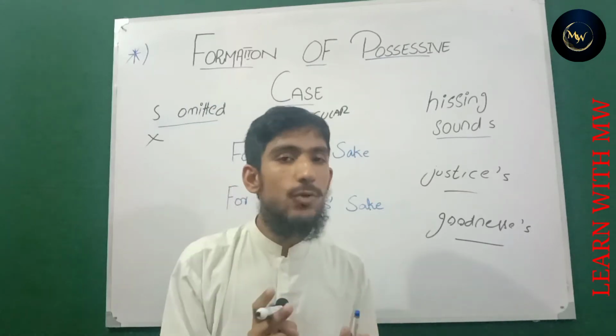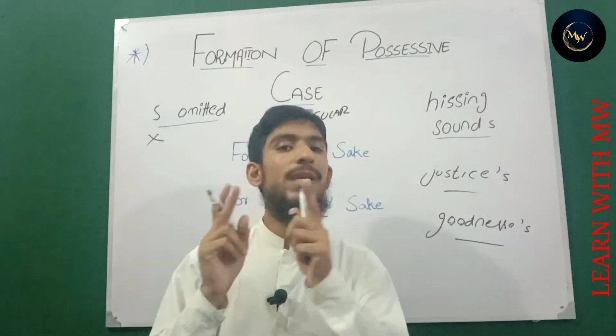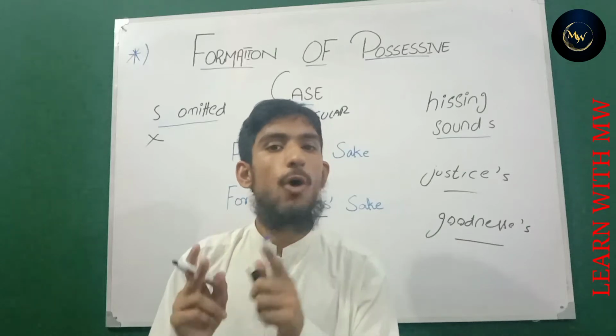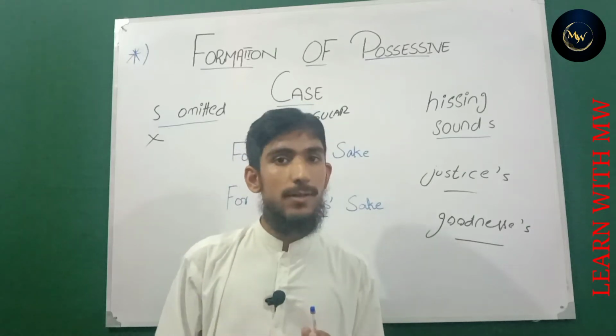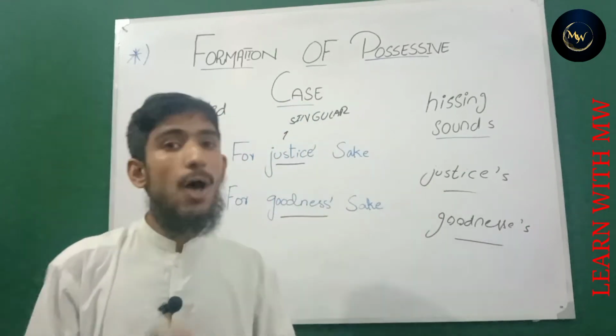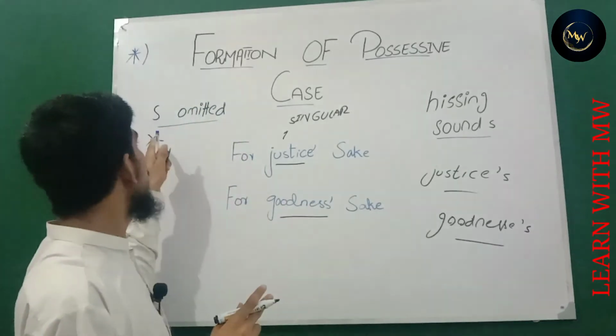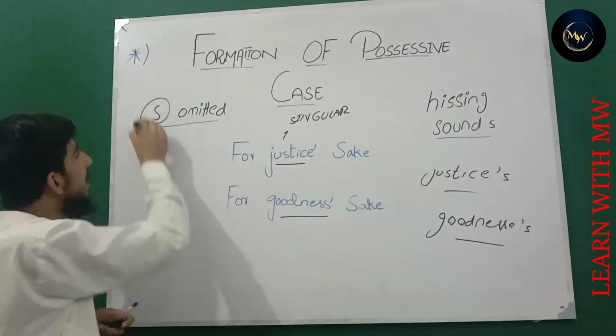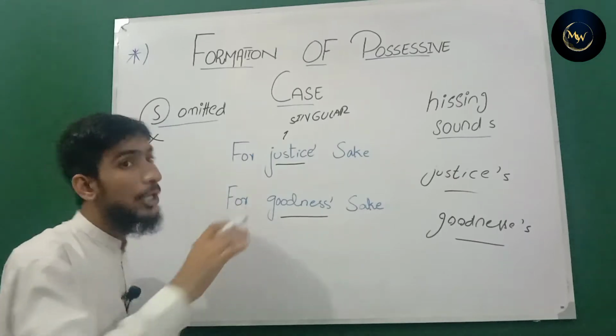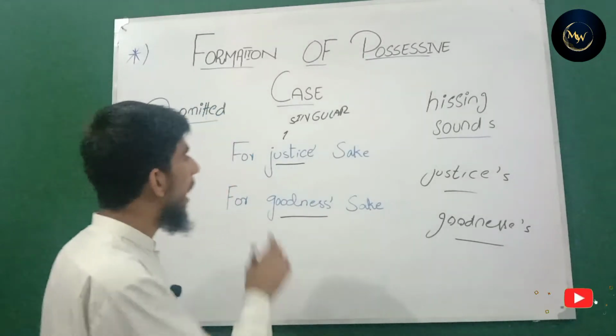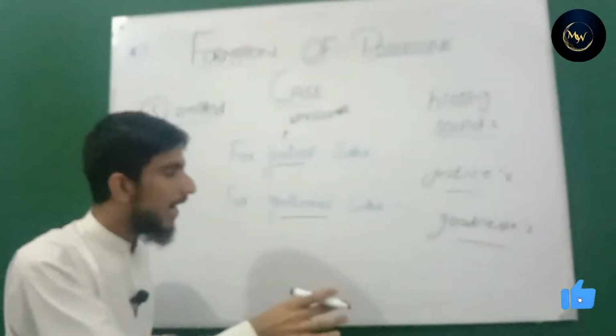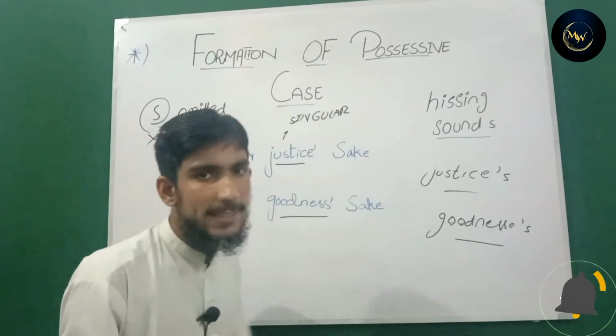When the noun is singular, we add apostrophe and s to form its possessive case. But when there are too many hissing sounds in the word, we omit the letter s to remove those hissing sounds, for example, for justice' sake and for goodness' sake. So this is the first technique.